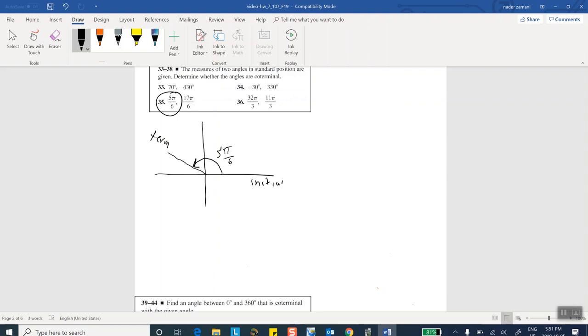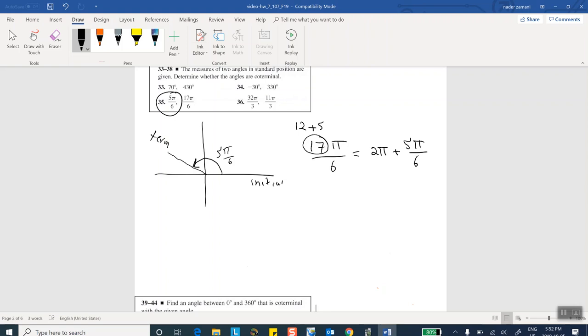Now 17 pi over 6, you can view it as, notice that we can write this as 2 pi plus 5 pi over 6. This is one way of writing it. So here I have 12 plus 5, right?